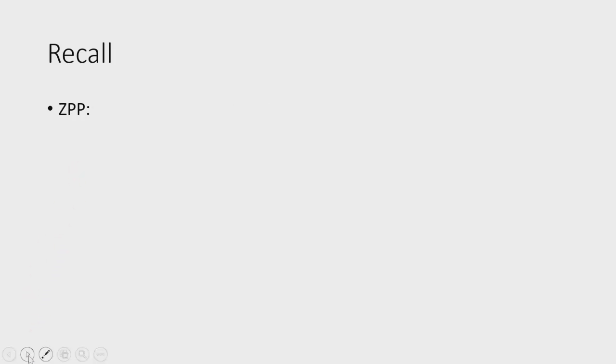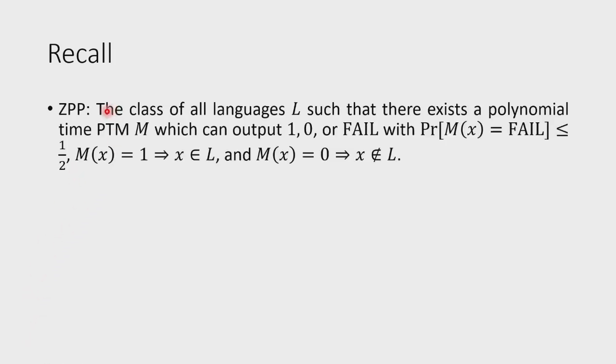Then you saw the class ZPP. So one definition of ZPP is that it is a class of all languages L such that there exists a polynomial time PTM M which can output three things. All the Turing machines that we saw till now output either 1 or 0, that is, either accept or reject.